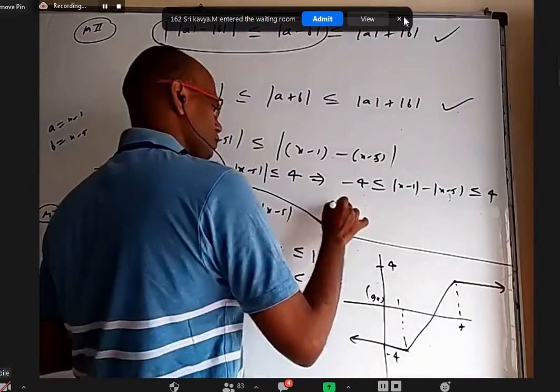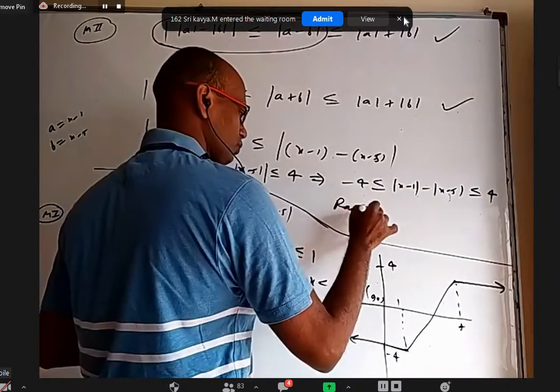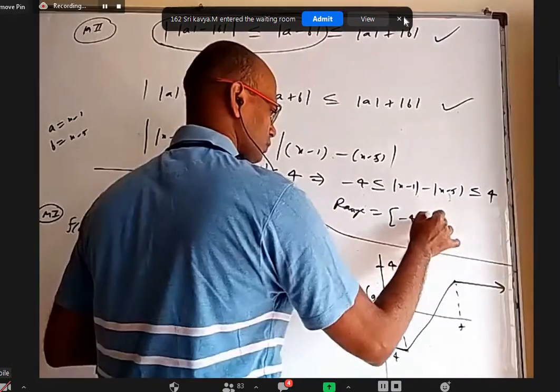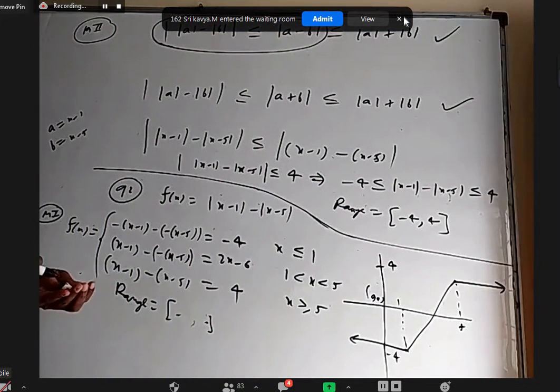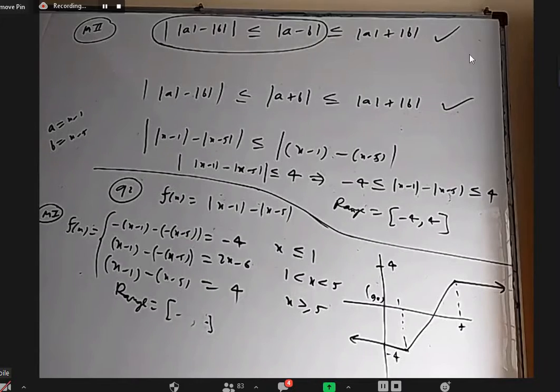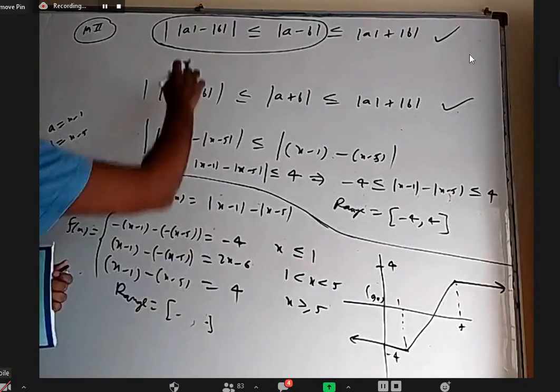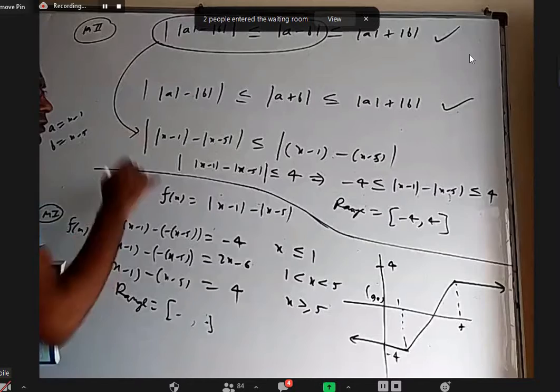So range equals closed interval minus 4 to 4. I used only this part, from there I wrote this.